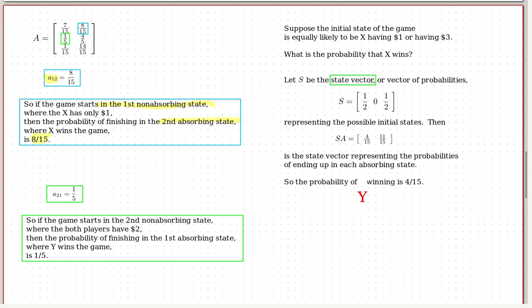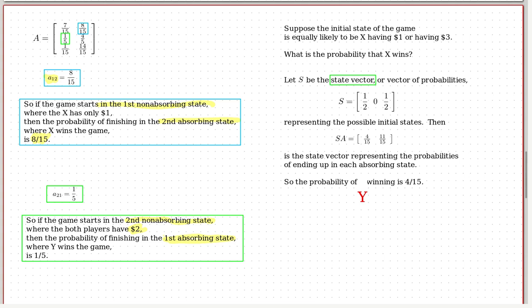Suppose we start in the apparently fair state where both players have $2. So that's the second non-absorbing state where both players have $2. What's the probability the game finishes in the first absorbing state? Now the first absorbing state is state 0. That's where player X has $0, so Y has 4. Right?